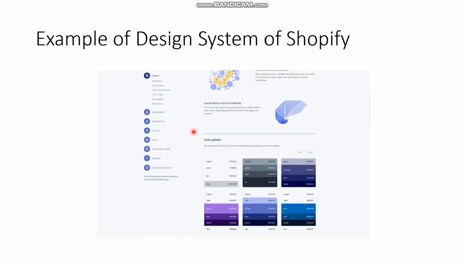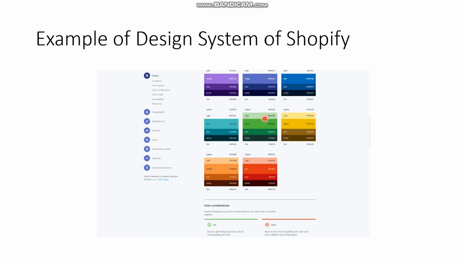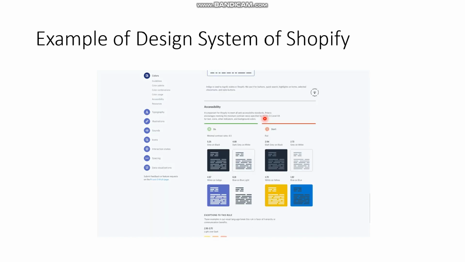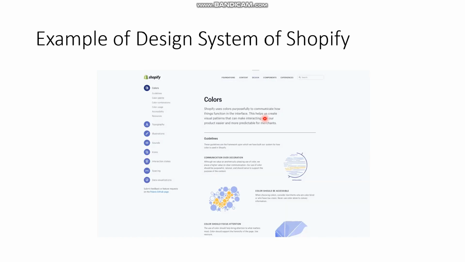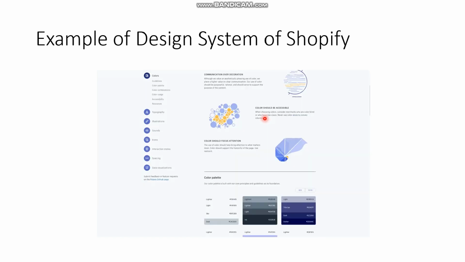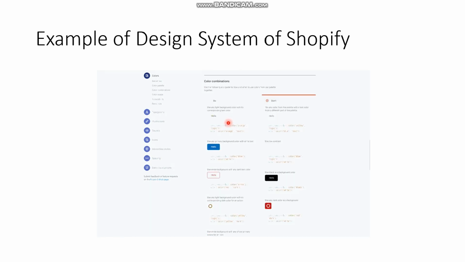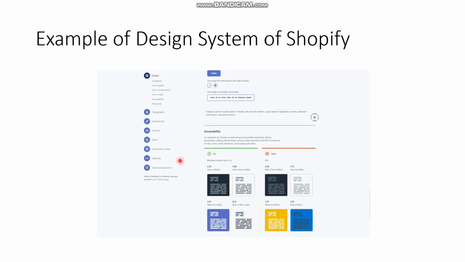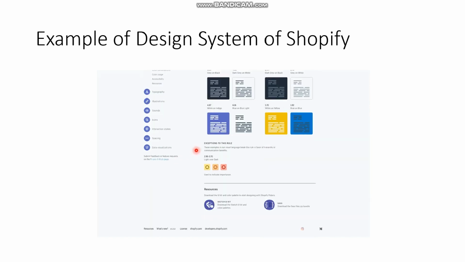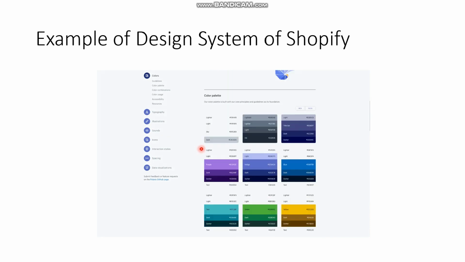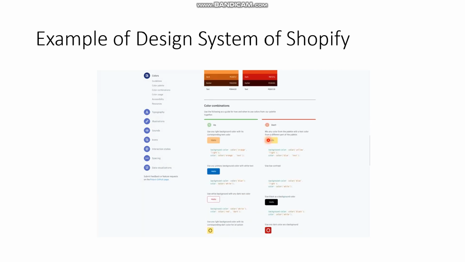So this is a design system of Shopify. If you want to build a similar e-commerce website, you can have a look at the Shopify design system. Okay, in here, everything is provided: the interaction states, the icons, sounds, typography, colors, you name it.